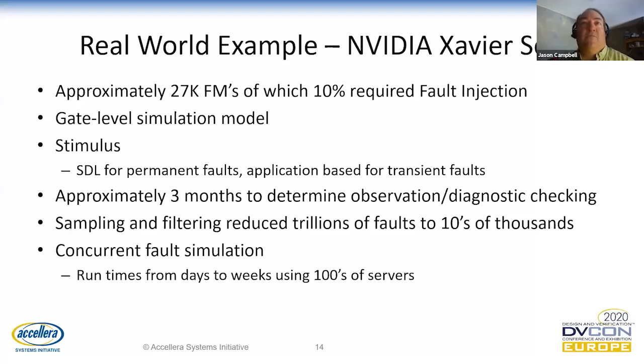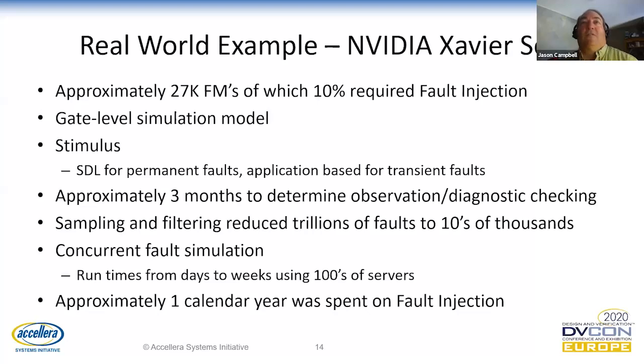So at any one time, we had maybe 500 servers running fault injection, and this went on for a long time. The overall fault injection effort took about a calendar year from start to finish. So this is a pretty challenging effort to do, for sure.